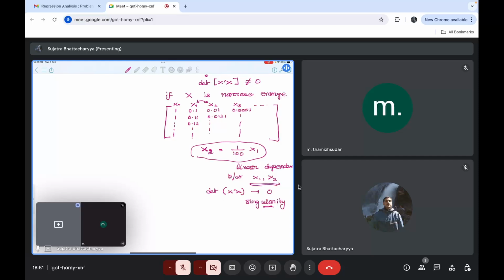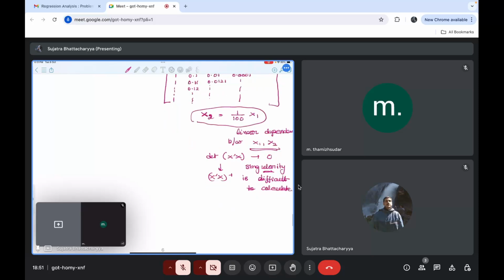Then x prime x inverse is wrongly calculated or difficult to calculate, and the entire calculation will be problematic. This is called ill conditioning. It happens when you have increased the order of polynomial. That's why it is advised to keep the order of polynomial as low as possible.